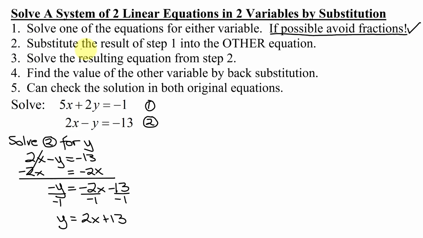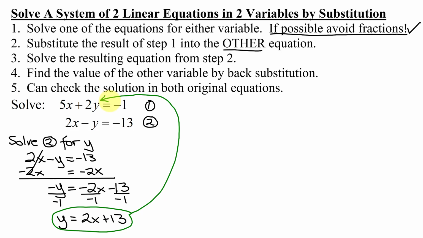Step 2 says substitute the results of step 1 into the other equation. So I am going to take y equals 2x plus 13, and I'm going to put it into my other equation, which was equation 1.